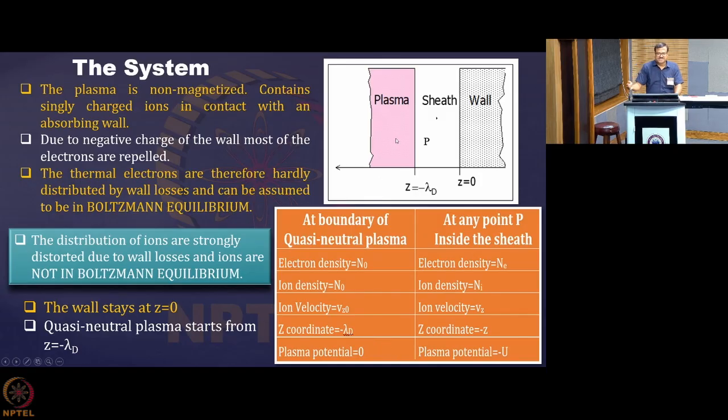Okay. So you know that it is the difference in potential that matters all the time. So we can set it to 0, and all our purpose is to extract the physical behavior, the nature of the plasma sheath, how it may behave. So that's why we are making some approximations, like we are saying that it is a singly ionized plasma, and we are assuming that the sheath starts at minus lambda d.